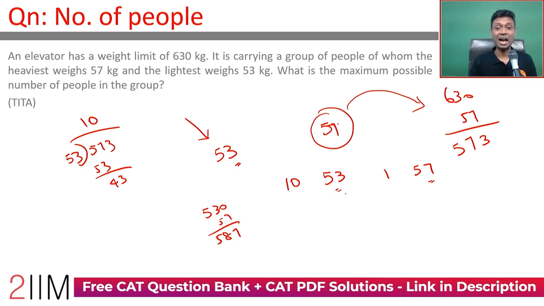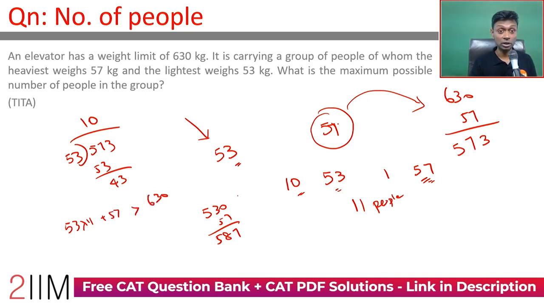So what is the maximum possible number of people in the group? We have 11 people. We could have 1 of 57 and 10 of 53, but we cannot have 12 people in this group. 53 into 11 plus 57 is greater than 630.